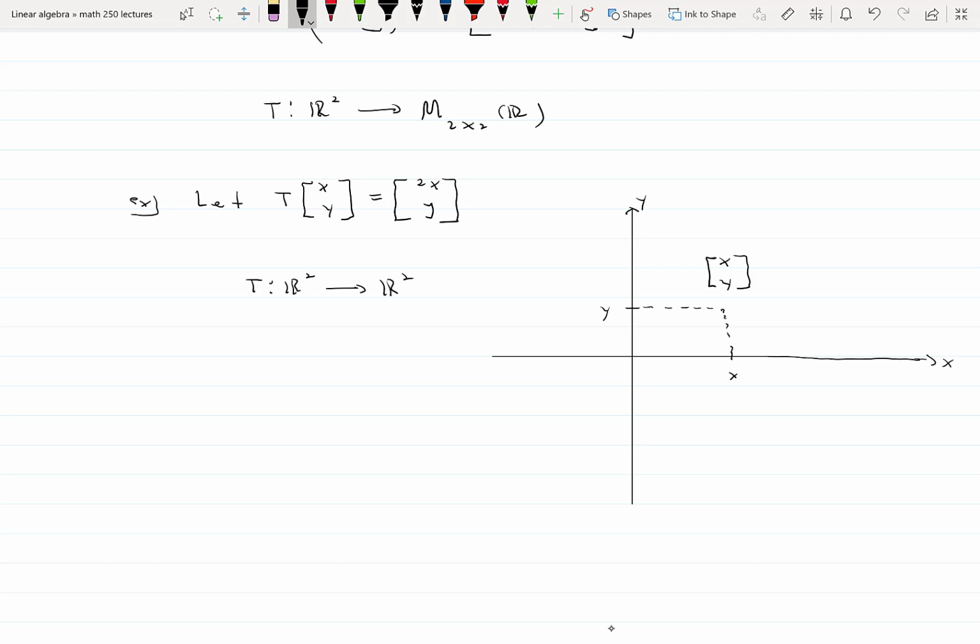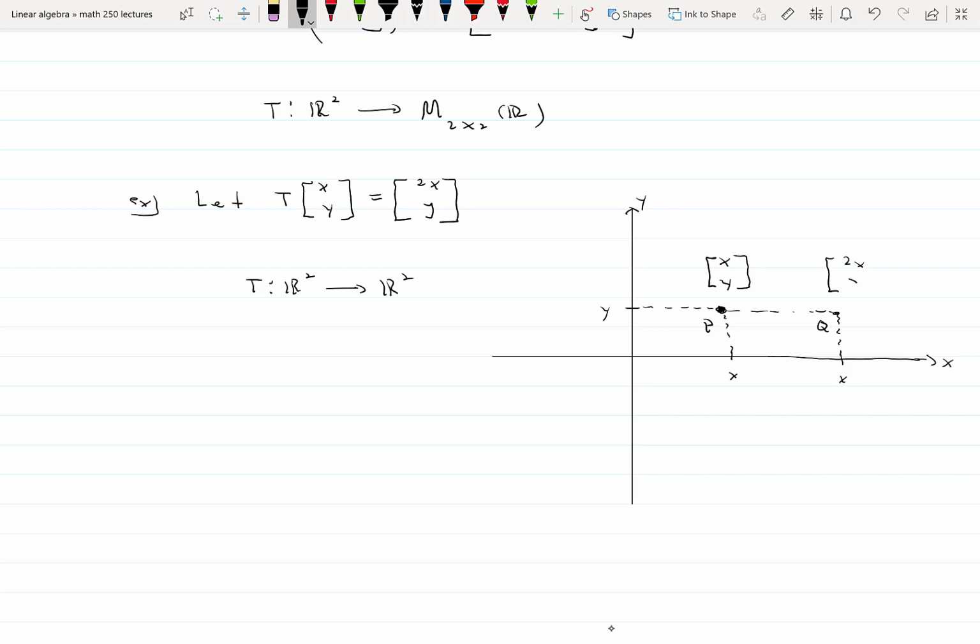So the transformation takes xy and leaves the y coordinate alone if we're thinking in the xy plane, and doubles the x coordinate. So it takes the point xy and turns it into 2x, y. So it took the point P and moved it to the point Q.